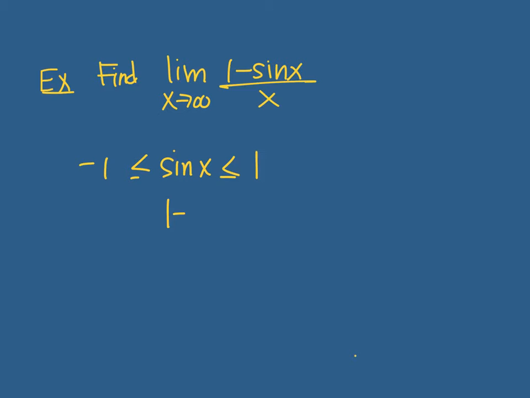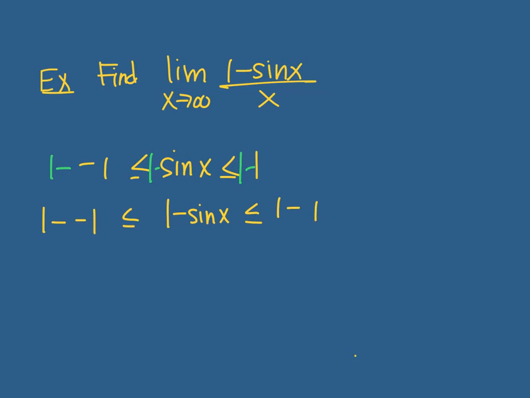So if I do 1 minus sine x in the middle, what do I have to do on the other sides? I have to do the same thing, right? I have to do 1 minus 1, and I have to do 1 minus negative 1. Basically, I'm putting a 1 minus into all of those, which is going to simplify.